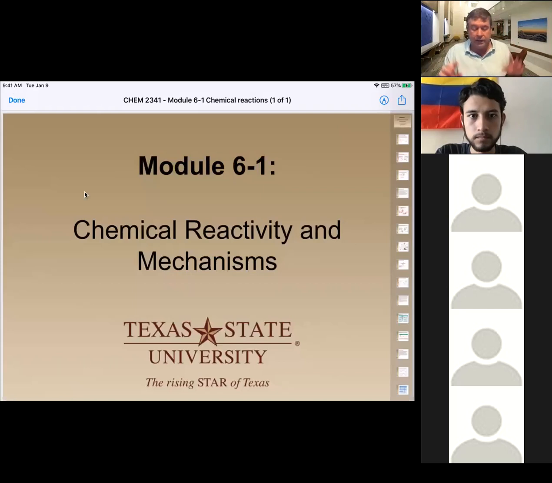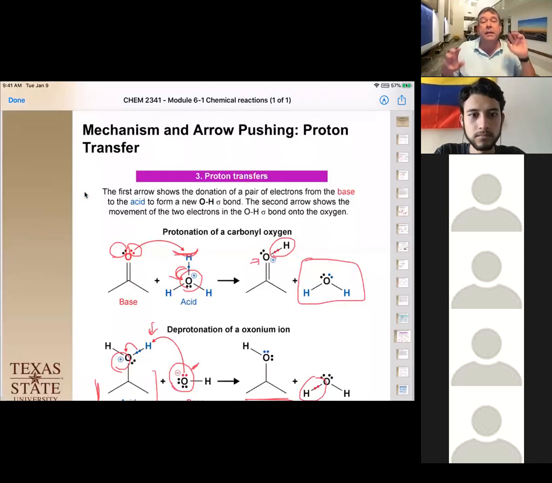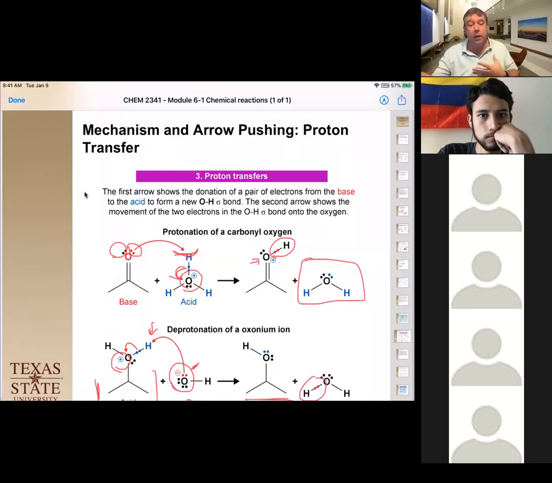Okay, so we started on this chapter before, but we actually got all the way down to the point where we were talking about different mechanisms and how we use these arrows to push things around so you know which electrons are being used to make which bonds. We also know which bonds will break to make which charges or electrons.